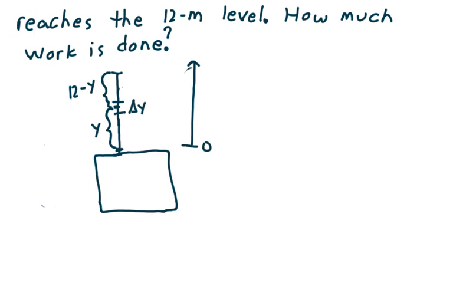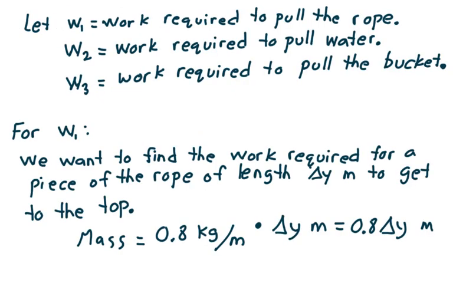Now, again, we have 3 pieces. So we're going to let W1 equal the work required to pull the rope, W2 equal the work required to pull the water, and W3 equal the work required to pull the bucket. Now, again, for W1, we want to find the work required for a piece of the rope of length delta y meters to get to the top.